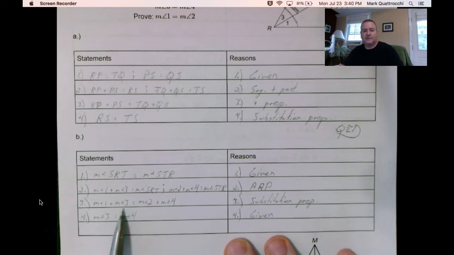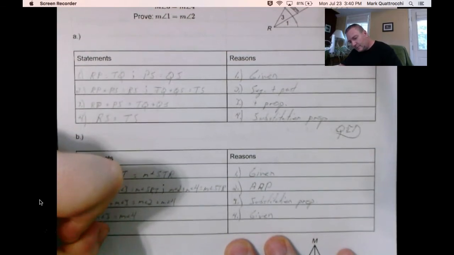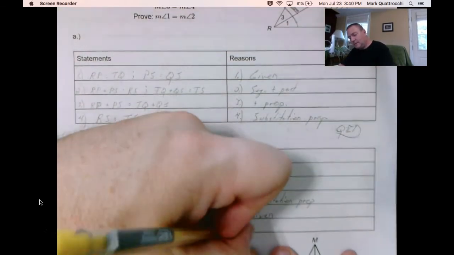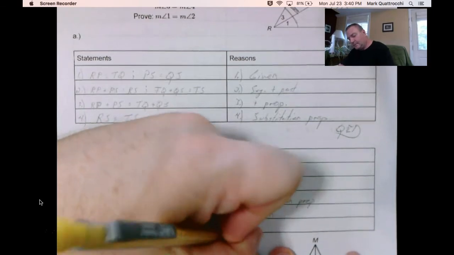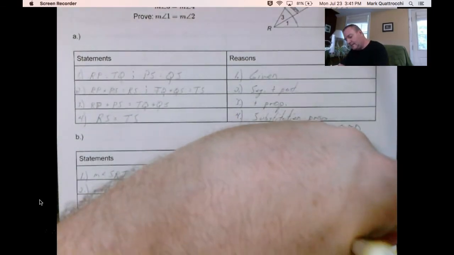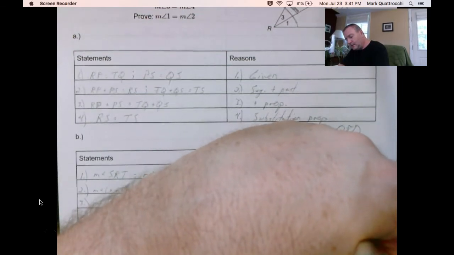If I subtract angles 3 and 4 from the left and the right hand sides of this equation, I am left with the measure of angle 1 equals the measure of angle 2, which is what I was trying to prove. Subtraction property. QED.